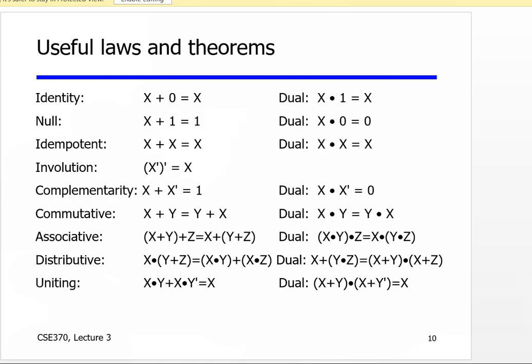So some useful laws and theorems: identity with respect to addition and with respect to multiplication. Then null, idempotent, involution, complementary, commutative, associative, distributive, and uniting. So this is about duality.